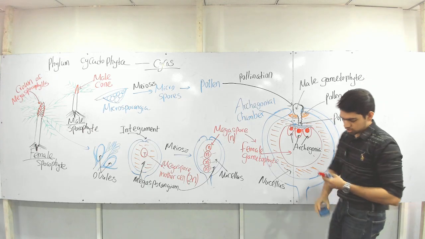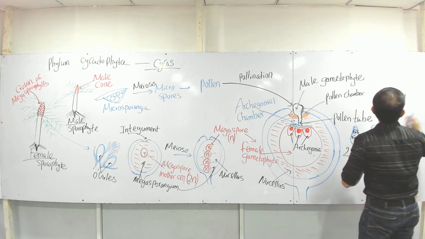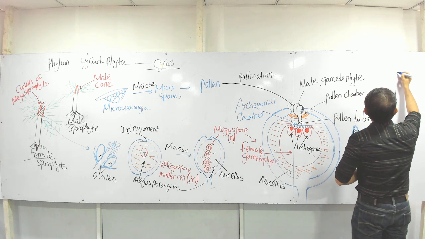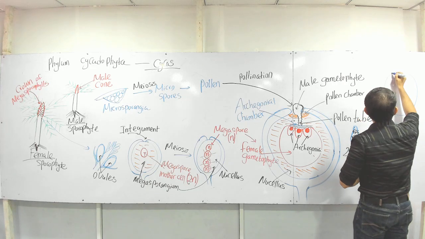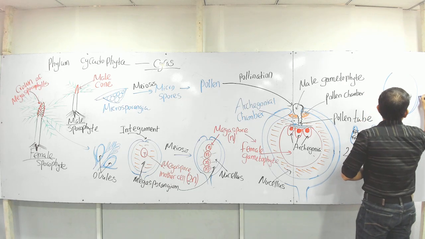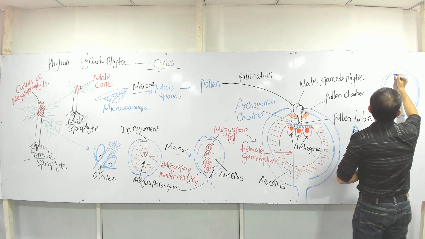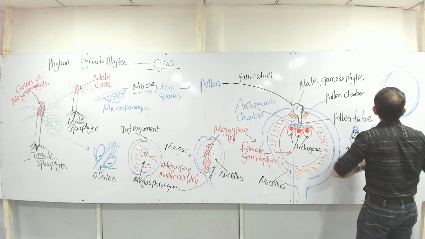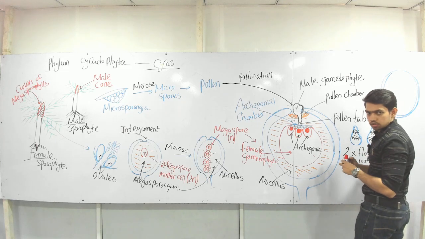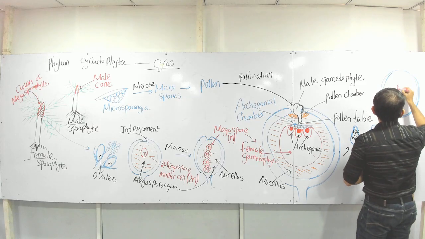So what are the changes in the ovule? Inside the ovule, what do you have? The ovule is surrounded by the integument. The integument becomes what? Seed coat. Inside, what do you have?